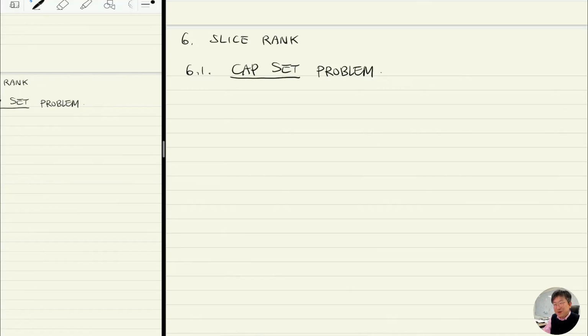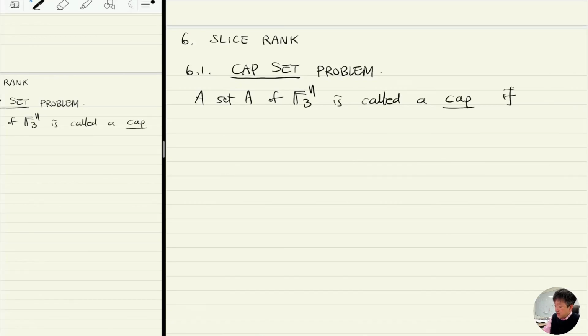So I will describe the problem called the Capset problem. A set A of F3 to the n is called a cap if it contains no line. But what is a line?